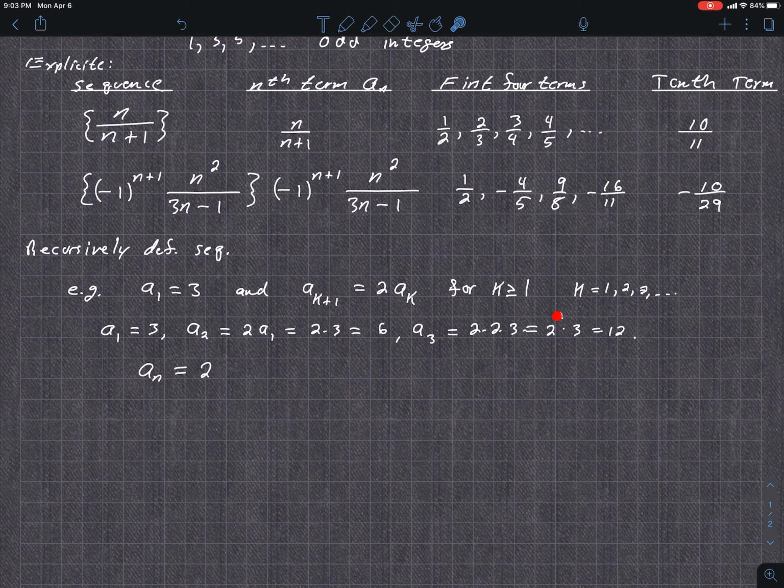You can define your nth term. Your nth term is just 2 raised to 1 less than the power. So it's 2 to the n minus 1 times 3. So you have a recursively defined case here, right? But in some cases, not all cases, you can define the function explicitly like this.